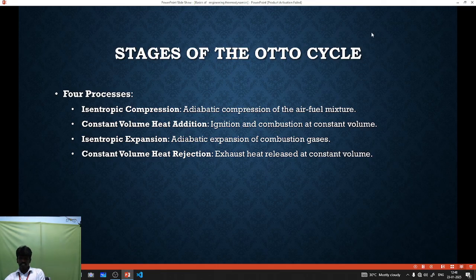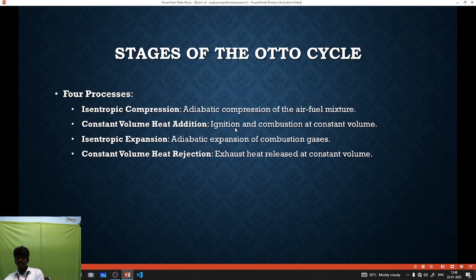Stages of the Otto cycle: we already know the four strokes, intake, compression, power and exhaust. These are replaced by isentropic compression, constant volume heat addition, isentropic expansion, and constant volume heat rejection. Isentropic compression means no friction and no mass transfer: adiabatic compression of the air-fuel mixture.